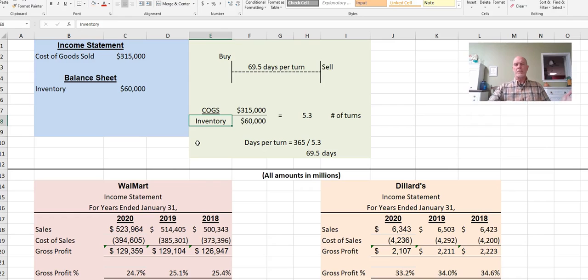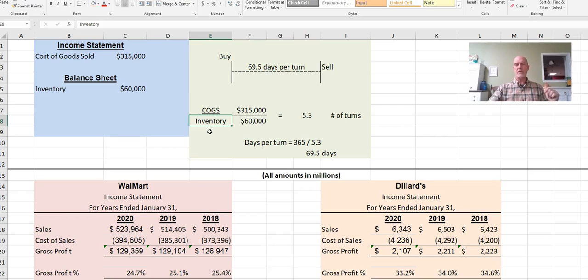If your inventory turnover was too slow, you could address that as a manager by focusing on the inventory. You could just carry less on hand. Maybe you just have way too much on hand and it's taking forever to sell it. So you could try to lower the amount of inventory you have on hand.